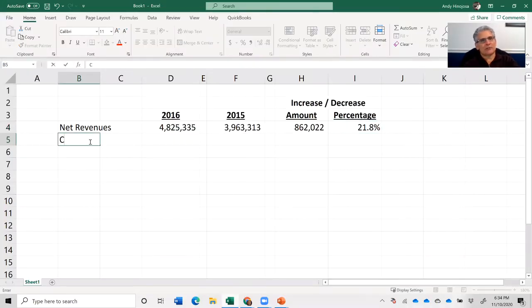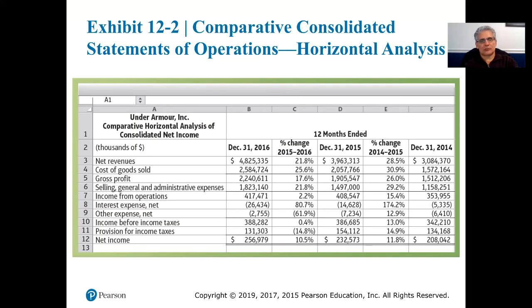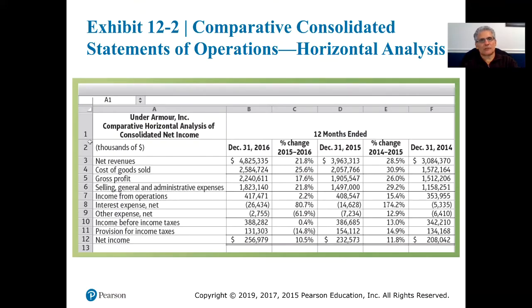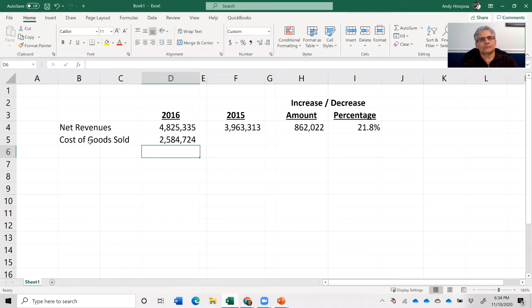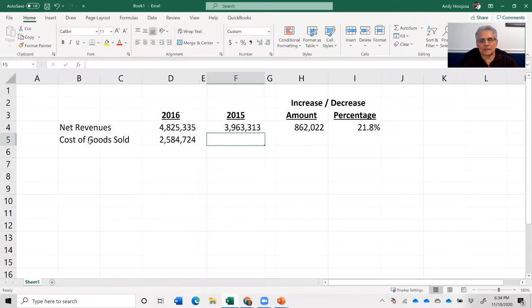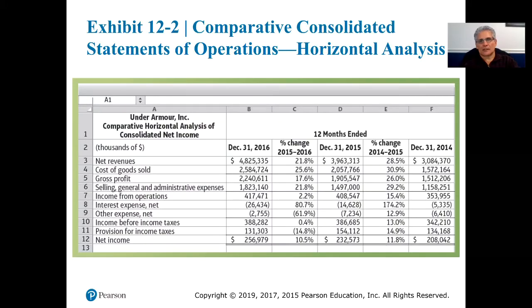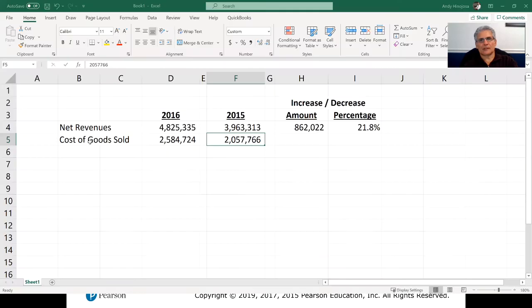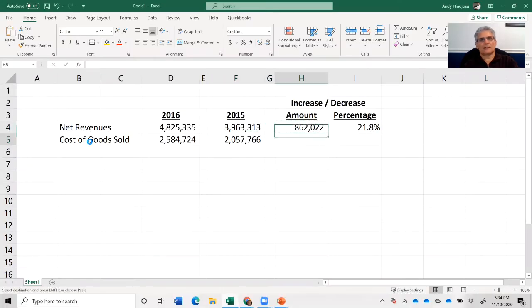We have the cost of goods sold. For 16, that dollar amount was 2,584,724. For 2015, it was 2,057,766. The change is 526,598.